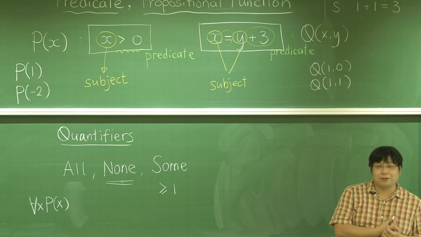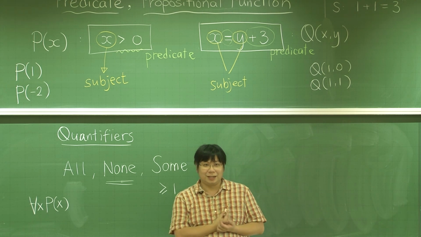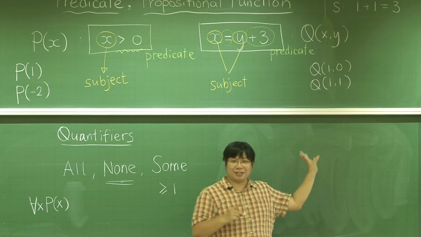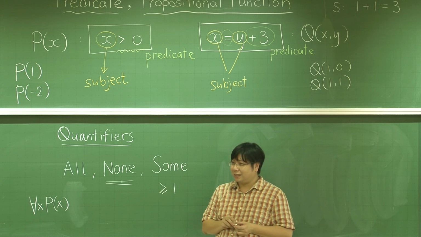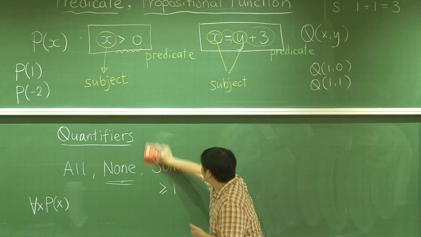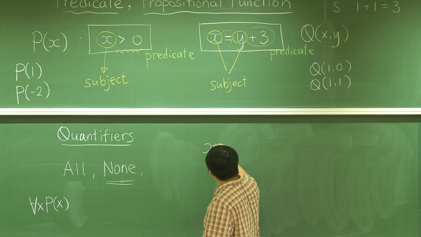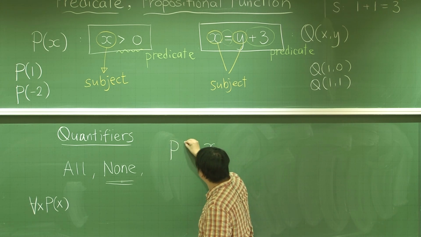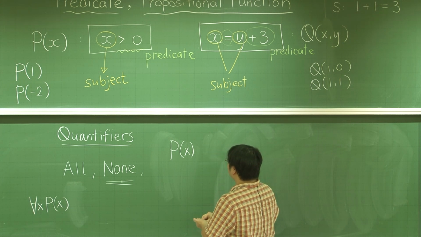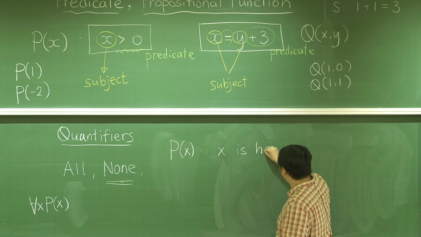So how is it possible to talk about none? None of the x will make px true. Is there a way to translate this into this mathematics statement? Okay, so let's do this. Let's have a proposition. Let's call this proposition px is x is happy.